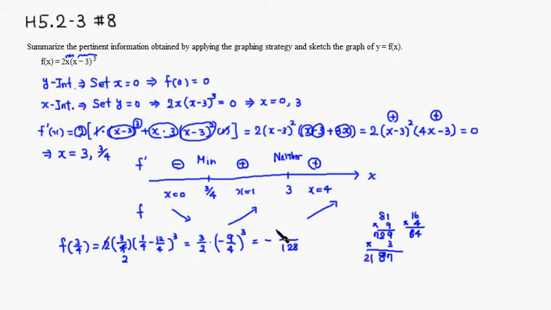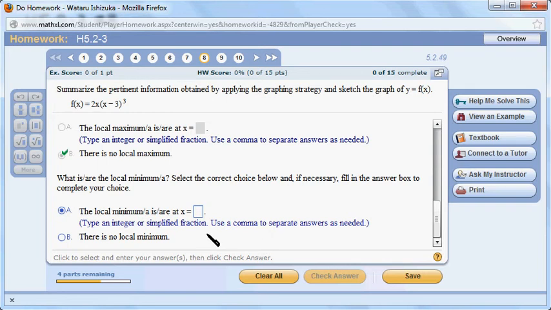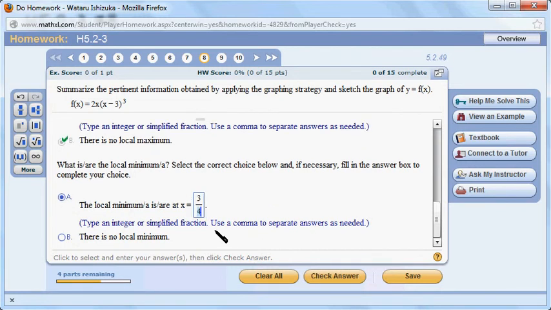So it's 2,187 over 128. It's a kind of big number, but let's plug it in. The local minimum is at 3/4. I didn't have to find the corresponding value, but that's all right. Let's check the answer.